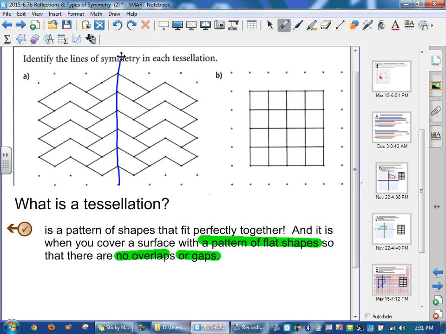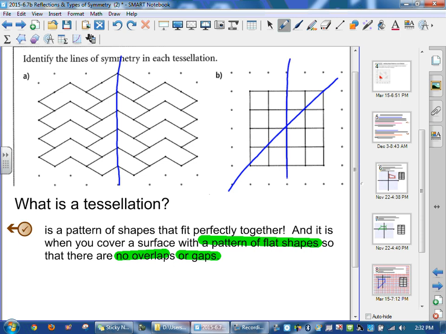On the right, we've got a pattern of squares. And this is also a tessellation. It's a pattern that fits perfectly together. So this one's got a number of reflection lines. Where can I reflect this one? Diagonal, beautiful. How else? Vertical, beautiful.